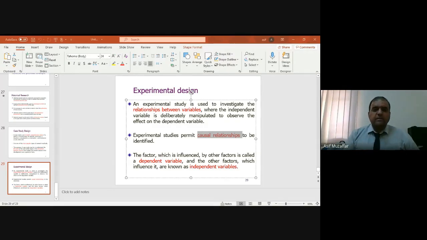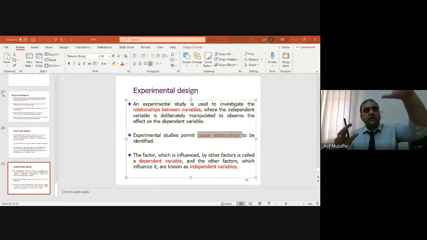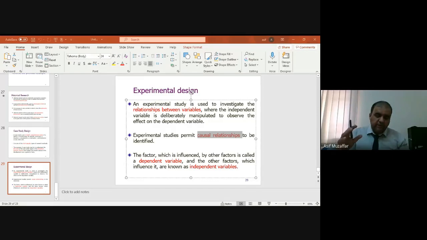Why is it called experimental design, or what is the difference between cause and effect, and why did they write experimental design here? In experimental design, you will change the level of independent variables. Sometimes independent variables will be low. Sometimes independent variables will be high. Sometimes they will be at the average. So you will check the effect when they are high, when they are at the average level, and when they are at the lower level.